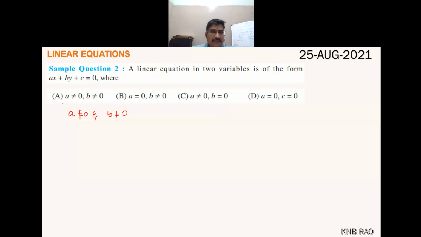They are both non-zero real numbers. That is the condition. A is the right answer. I will conduct a poll from question number 1 onwards. Then moving on to sample question number 3.